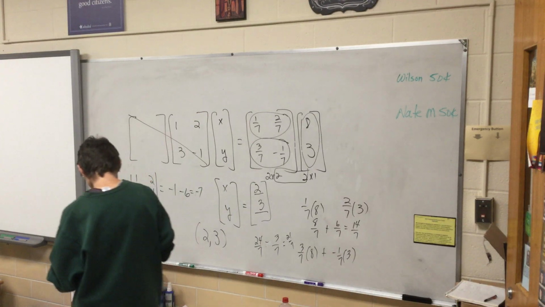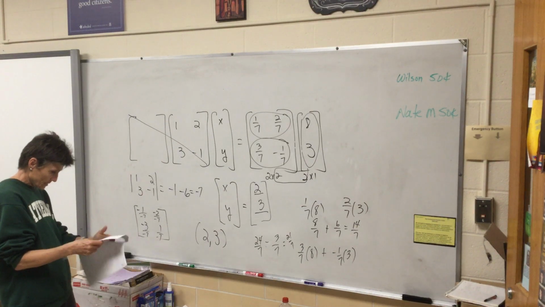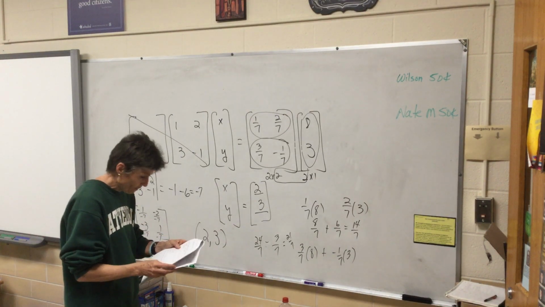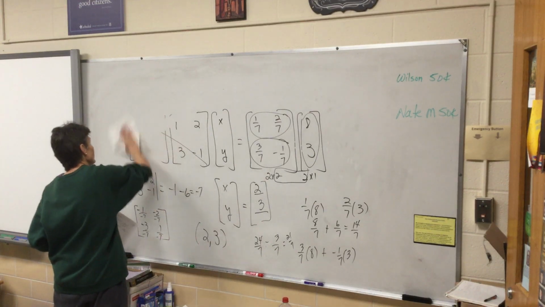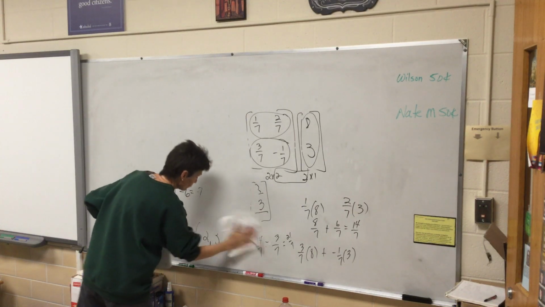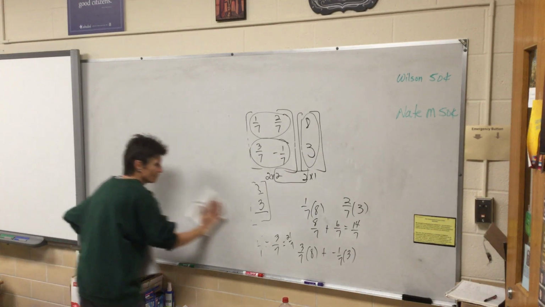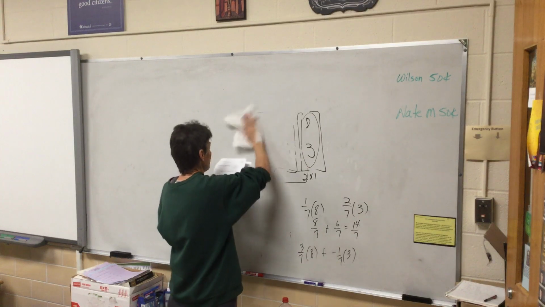I'll just pick one. Something we haven't really done today is on page 5, number 4. I don't think we've done a 3 by 3 determinant, so we'll review that real quick. Then we'll have that box checked off. So number 4 on page 5.